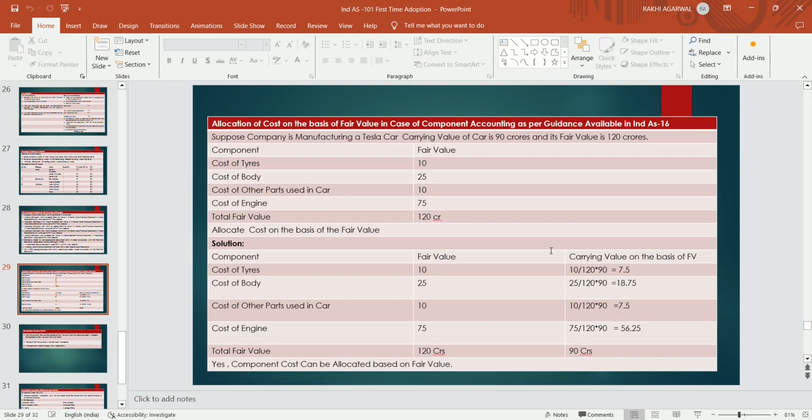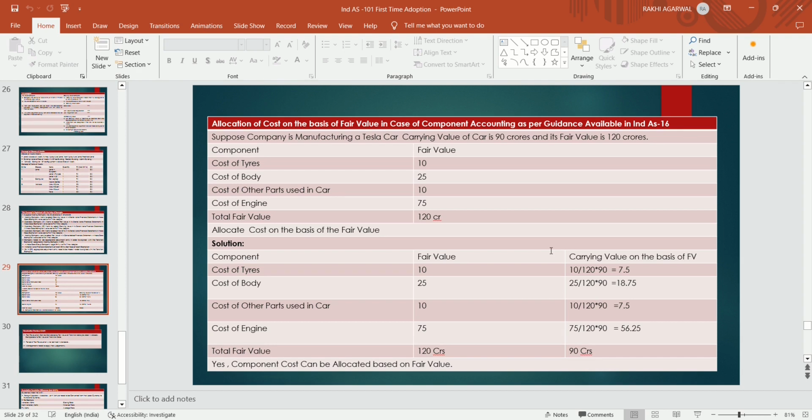Now allocation, component accounting. We are discussing component accounting, how to allocate cost on the basis of fair value. Guidance is available in Ind AS 16. Suppose there is a company manufacturing Tesla cars, whose carrying value of the car is 90 crores and the fair value is 120 crores.